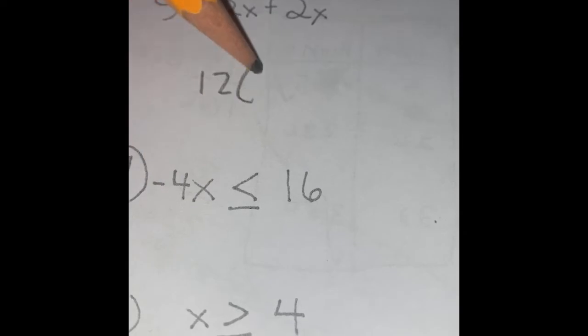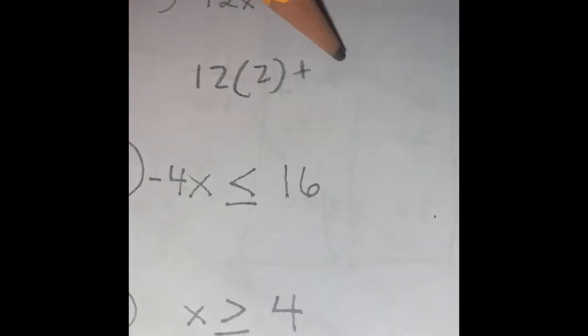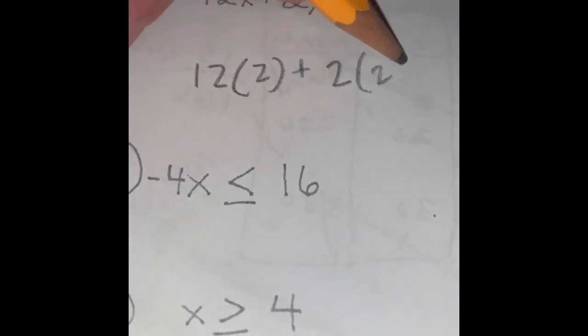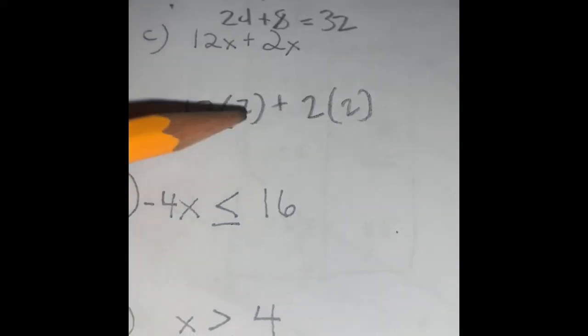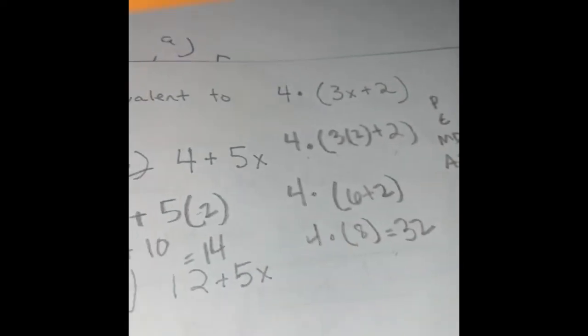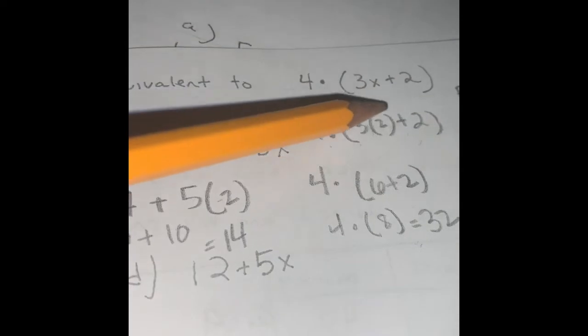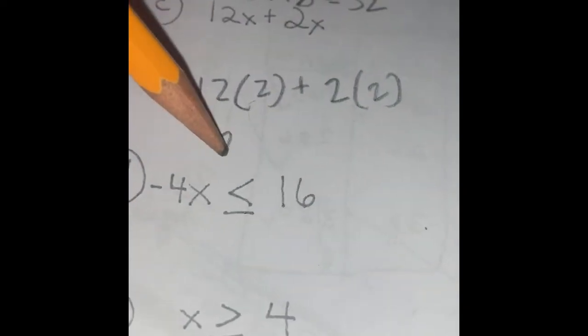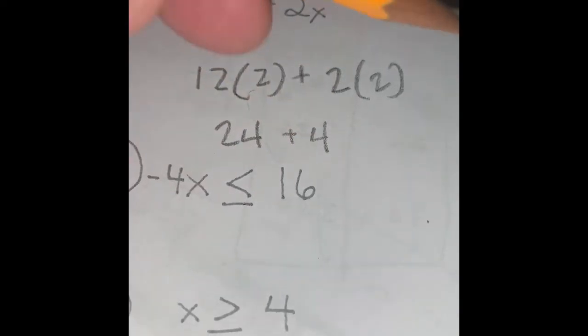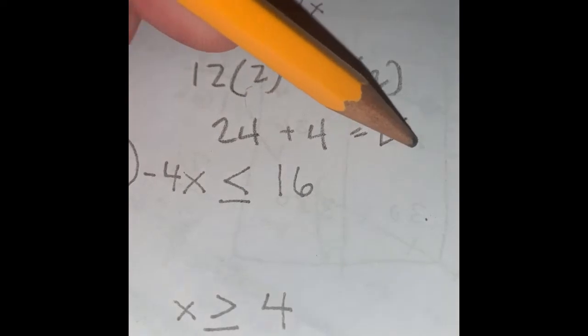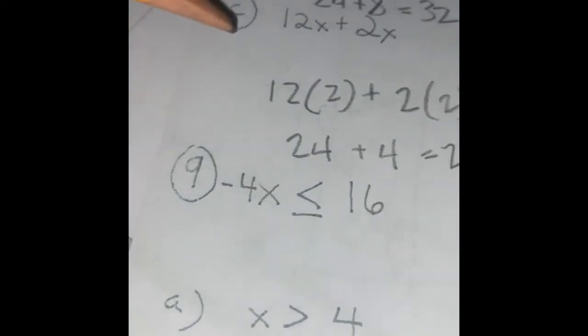Now I have 12 times 2 plus 2 times 2. And once again, I'm replacing x with 2 because that's what I did up here, and I'm just picking a really easy number that I can plug in. So 12 times 2 is 24, plus 2 times 2 is 4, which will give me 28, which is not the 32 I need.